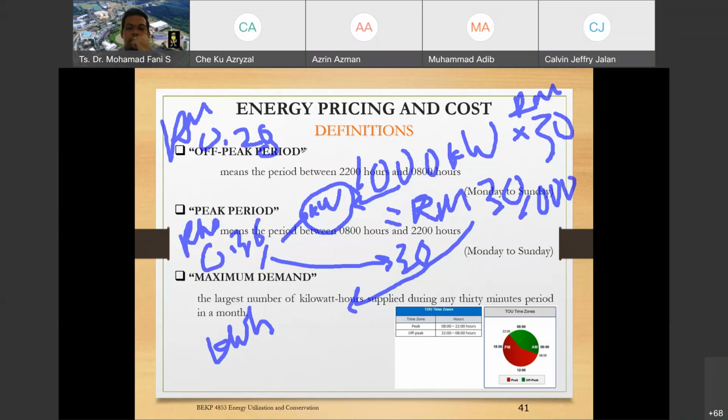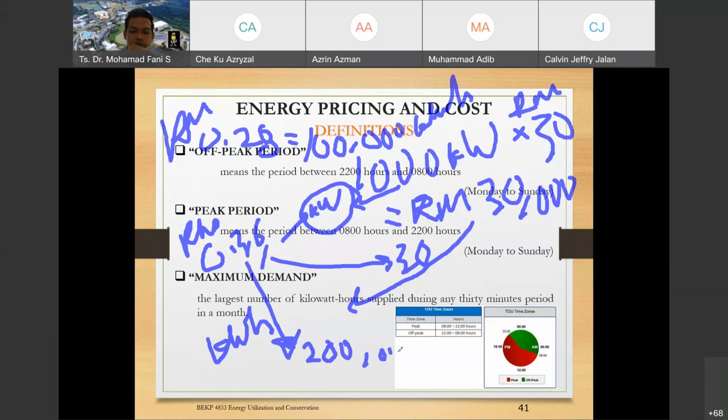For example, the energy used for the off-peak is 100 kilowatt hour, and for the peak period, they use about 200 kilowatt hour per month.